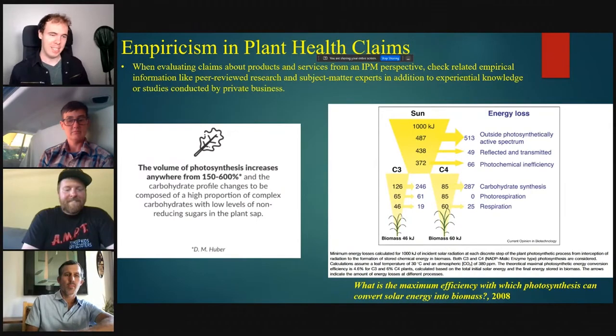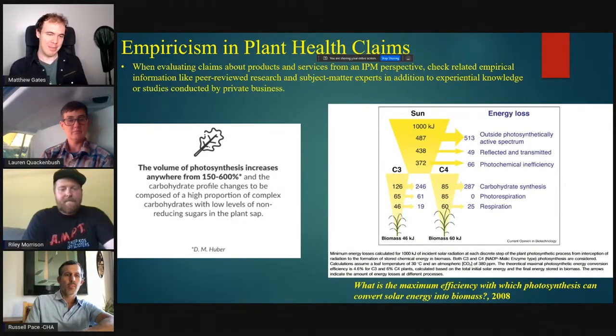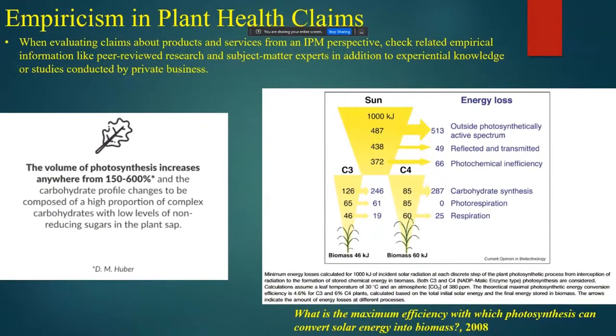On the left, we have as an example, a claim about increasing photosynthesis volume to like 600% by, I guess, Don Huber, but I couldn't find anything on it. It's not a very good citation. That's my example. On the right side, we have a research report, what is the maximum efficiency with which photosynthesis can convert solar energy into biomass from 2008.